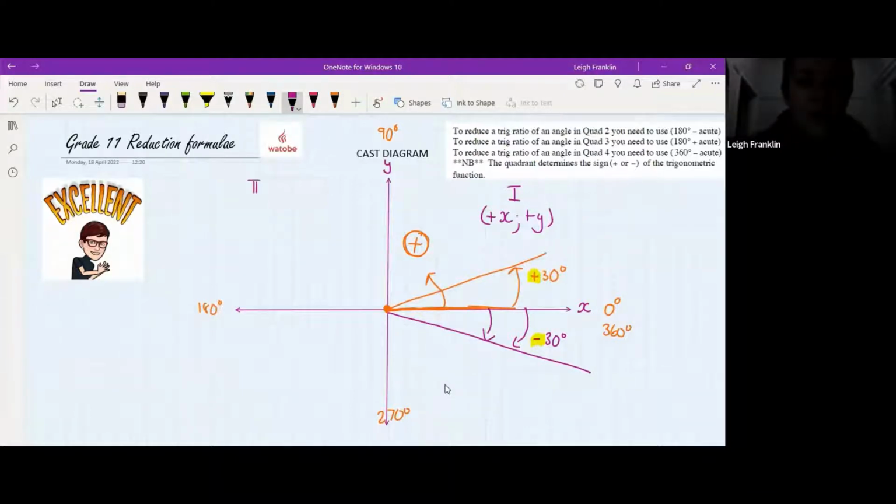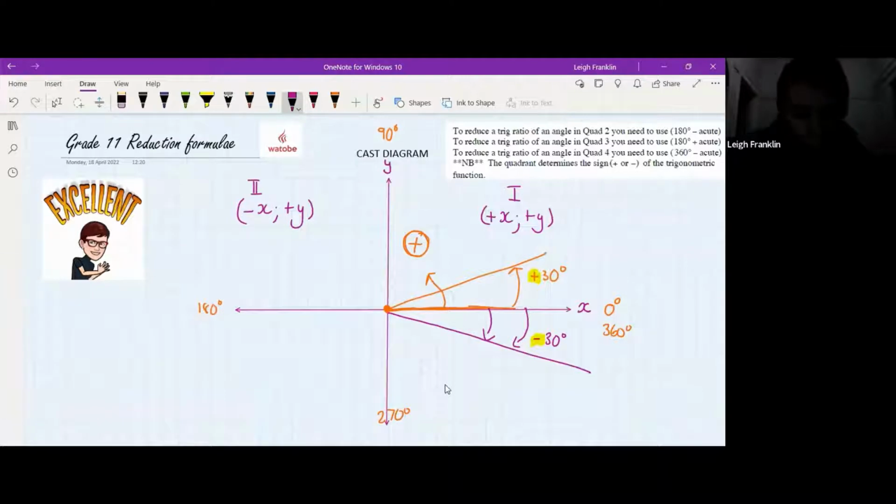This over here is quadrant number 2, and here our X coordinate is negative and our Y coordinate is always positive. So to the right of the y-axis, X is positive. To the left of the y-axis, X is negative. Y is positive above the x-axis and negative below.